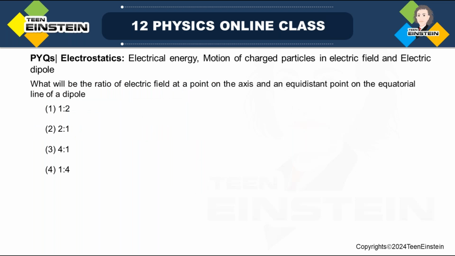Now this question is very straightforward. If you know the result, you will be able to answer. What will be the ratio of the electric field at a point on the axis and at an equidistant point on the equatorial?